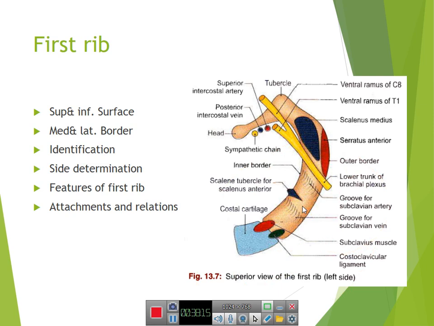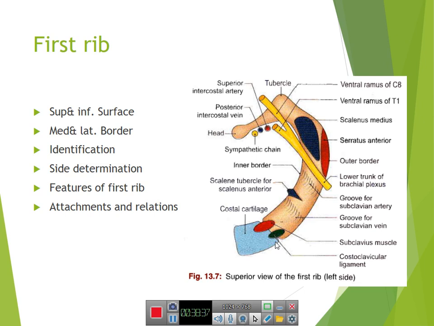So now I'm going to talk about the attachments and relations of the first rib. About the attachments and relations, the neck is related anteriorly.